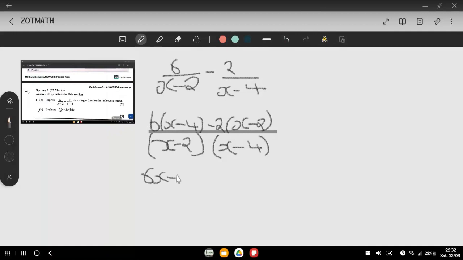This is 24, right? Am I right? Yeah, negative 24. So after that, we come here. Negative 2 times x is negative 2x. Now negative 2 multiplied by 2. What's the answer, guys? I need your participation. What's negative 2 multiplied by negative 2 here?